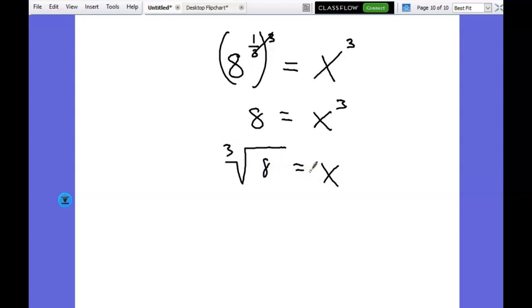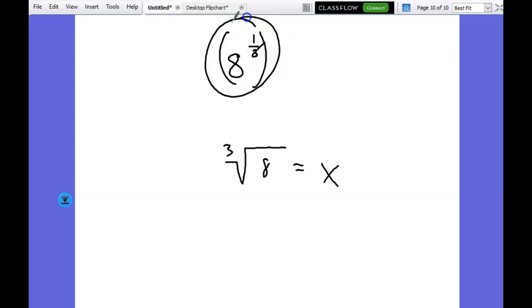You with me? So here's what I want you guys to take away from this. When you have a number being raised to a fraction power, that bottom number tells you what root you're looking for. Okay?